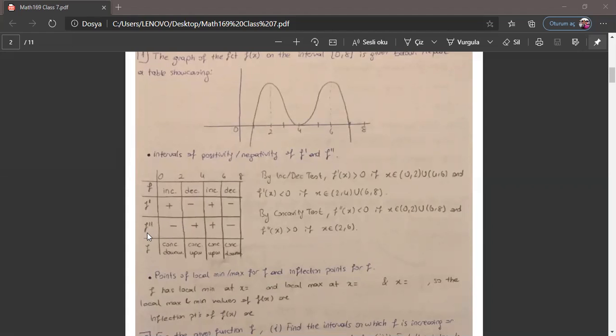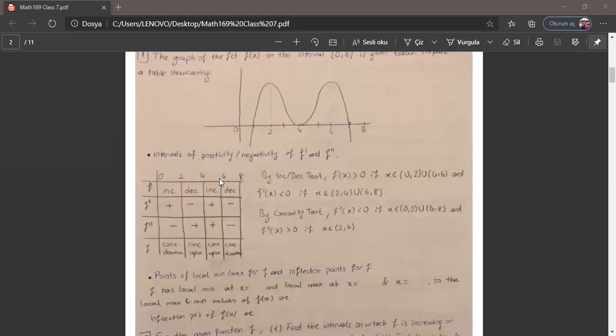So what about f double prime, the second derivative of f? We have this concavity test. So we need to check if it's concave downward or upward to say f double prime is negative or positive. So between 0 and 2, we see it's concave downward, so the second derivative of f should be negative.